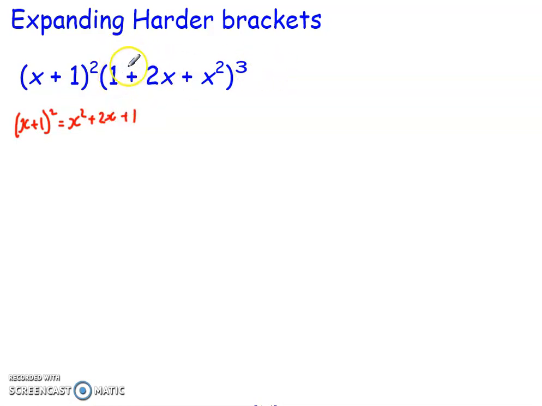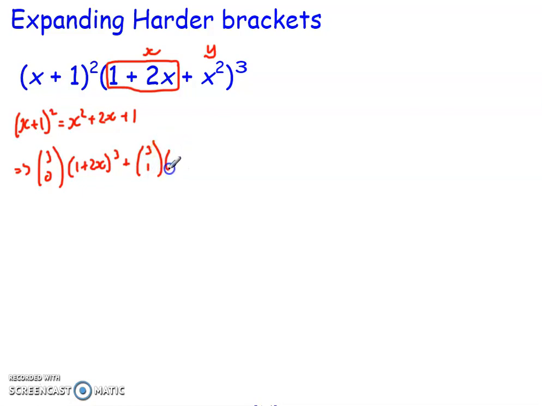I've then got 1 plus 2x plus x squared to the power of 3. And again, for this one, I'm going to separate it off. I'm going to make that my x, and I'm going to make the x squared my y. So what that then gives me for that second bracket is I get 3C0 times the 1 plus 2x cubed plus 3C1 times the 1 plus 2x squared.